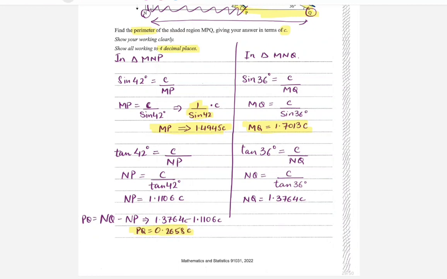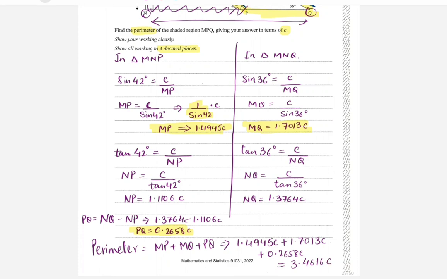So now for the perimeter, we need to add MP plus MQ plus PQ, which is equal to 1.4945 C plus 1.7013 C plus 0.2658 C, which is equal to, so if you add it, put that into the calculator, it's going to give us 3.4616 C. And that is our final answer.